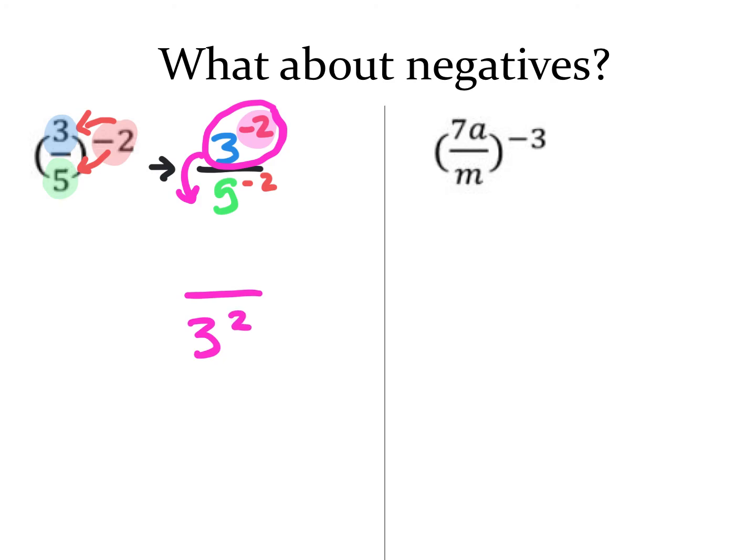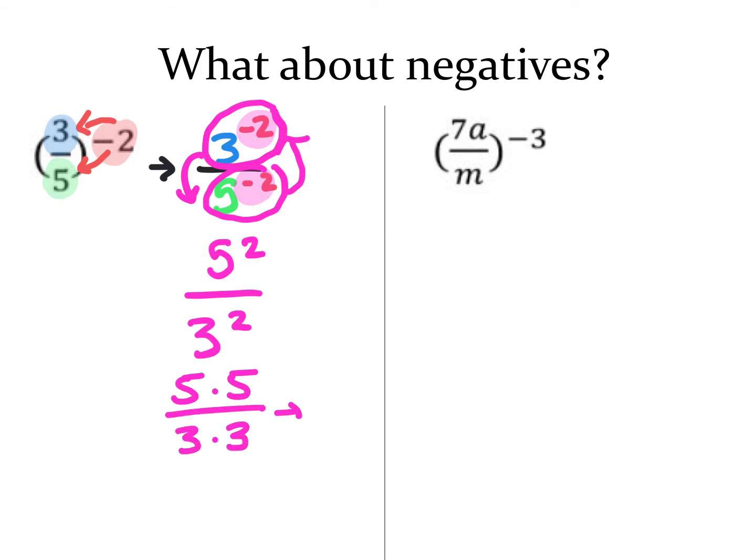In the denominator, I also have an exponent of negative 2, so I'm going to bring this whole expression to the numerator. So it becomes 5 squared. Now when I simplify this, I have 5 times 5 over 3 times 3, so it becomes 25 over 9.